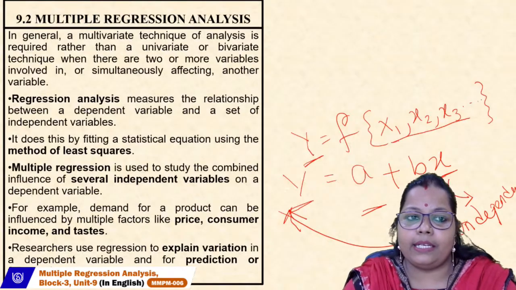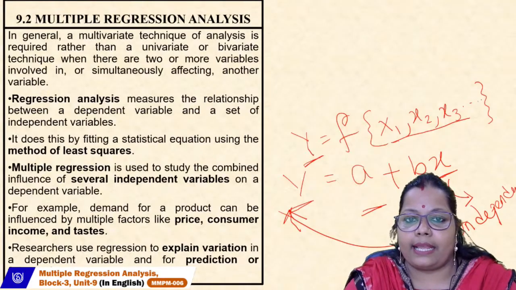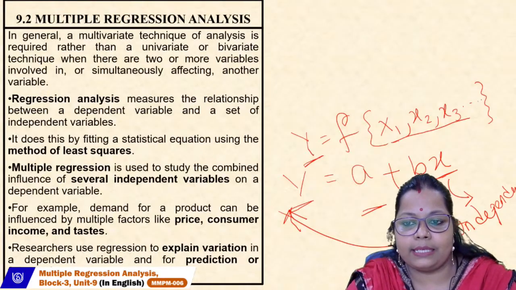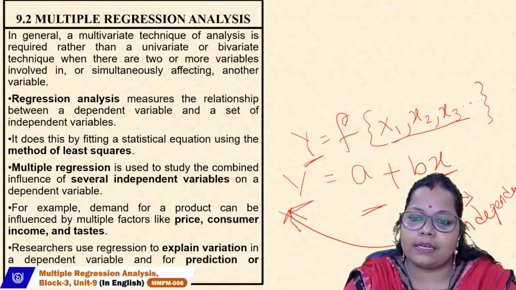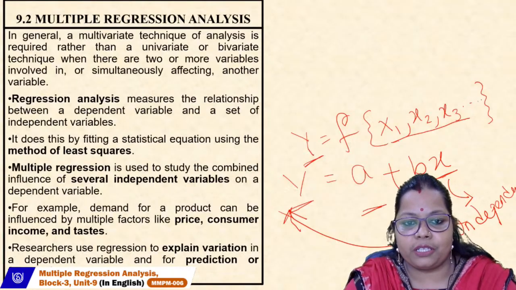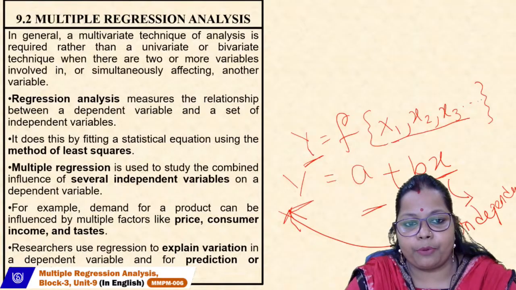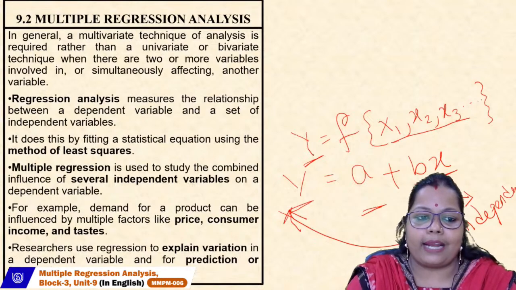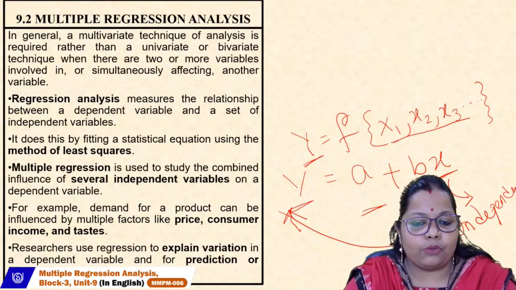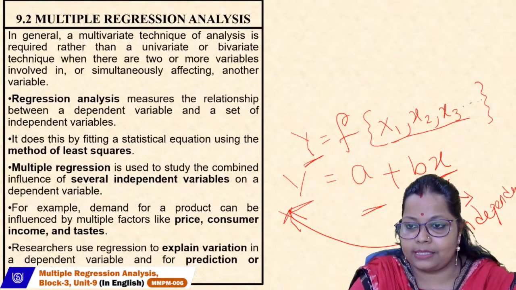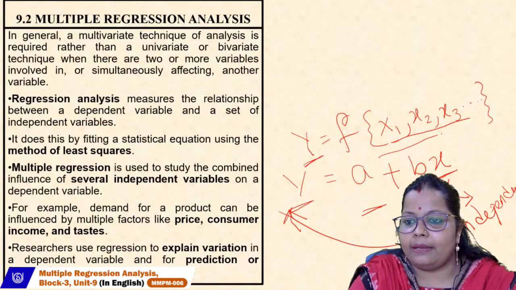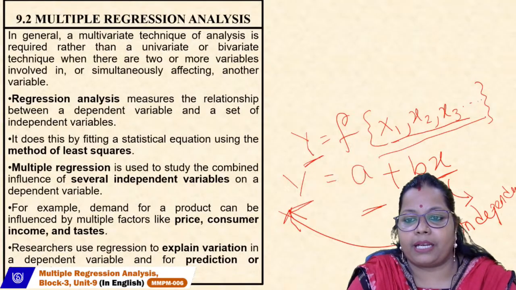But particularly in marketing research analysis, there are n number of variables known as independent variables and they are directly impacting the dependent variable, which is most important to learn and understand, how they are impacting before launching any product, before improving promotional activity, or before giving any kind of facilities to that product. So it is used to study particularly the combined influence of several independent variables. As it is seen, there are n number of variables that can exist in a market.